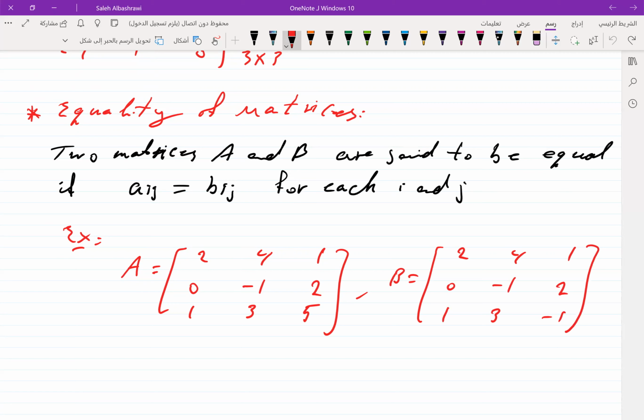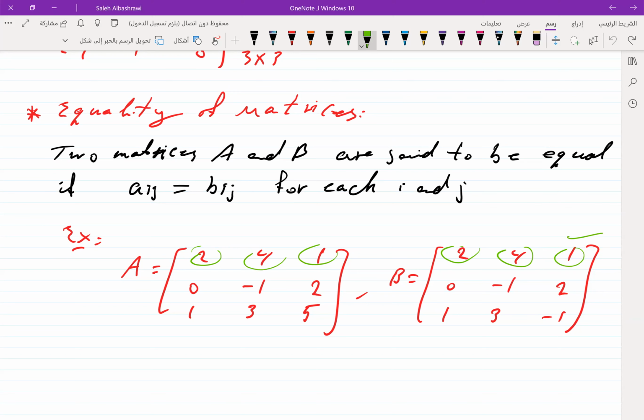We have these two matrices and we need to check whether they are equal or not. To check the equality, we have to check every single element in A with the same position in the matrix B. So take the first element, 2 with 2 is okay. 4 with 4 is okay.